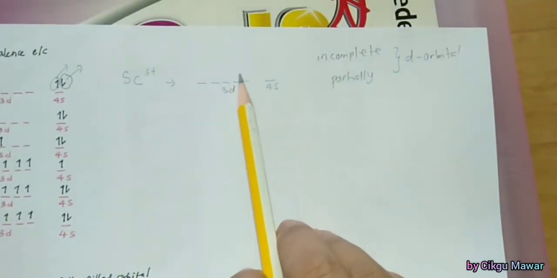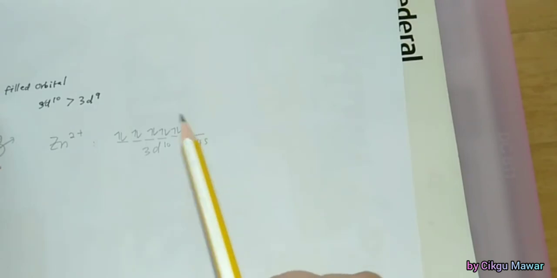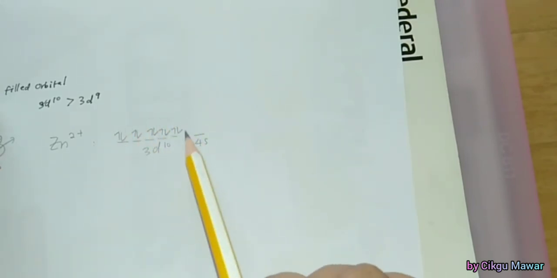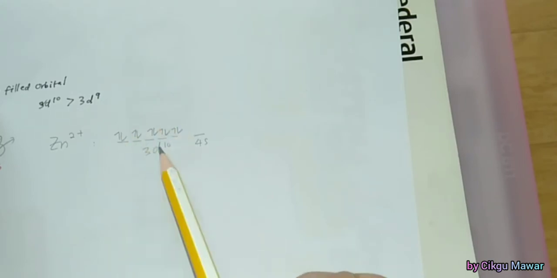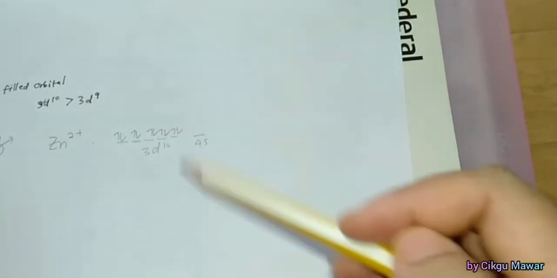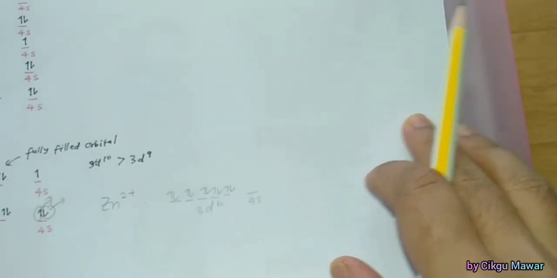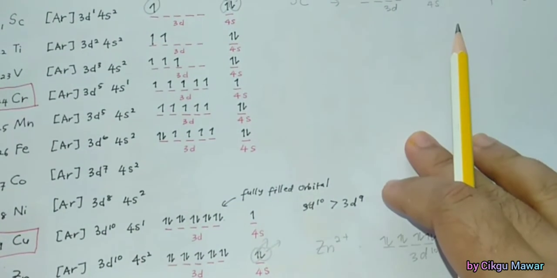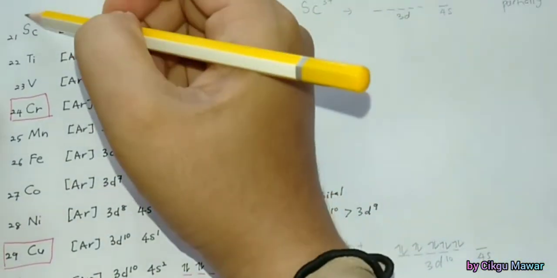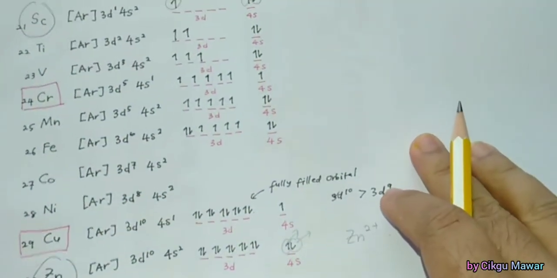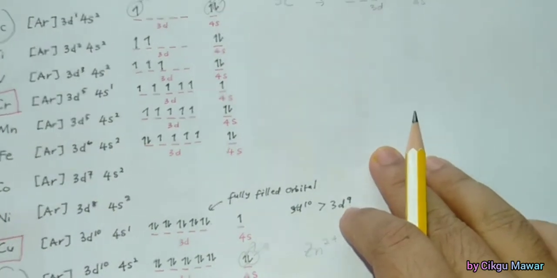For scandium the ion has 0 electrons, and for zinc 2+ it has a fully filled 3d orbital. That's why these two elements are not considered transition elements.